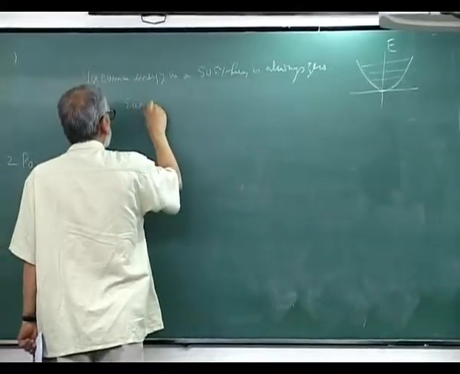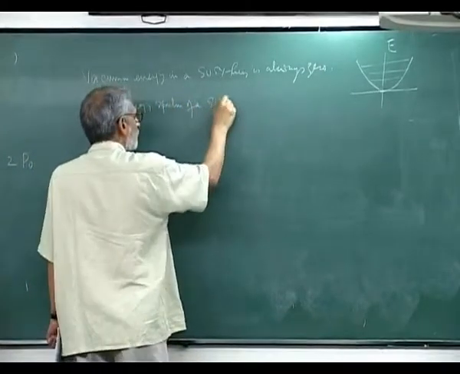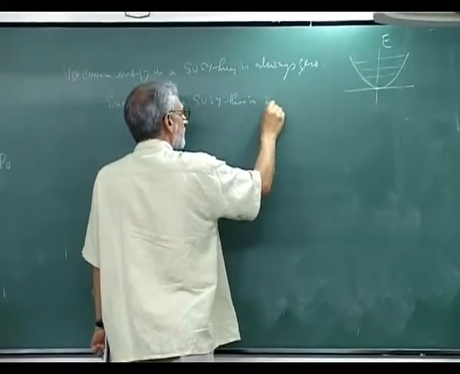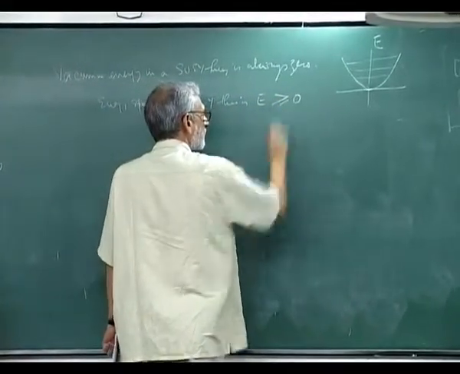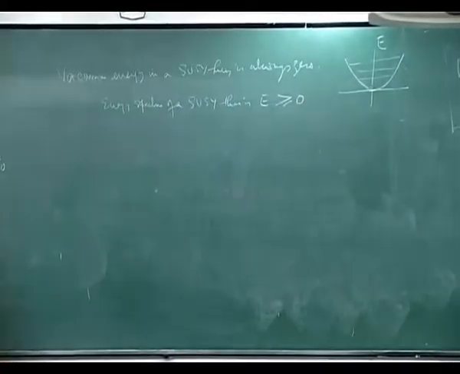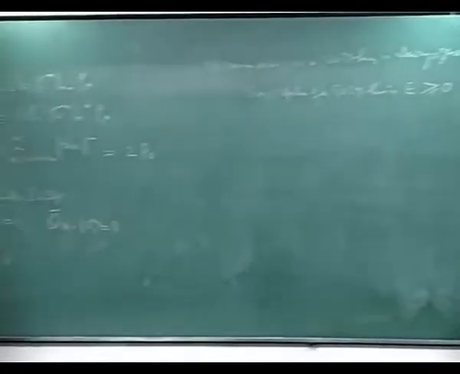The energy spectrum of a SUSY theory has zero as the ground state, and everybody else is positive.